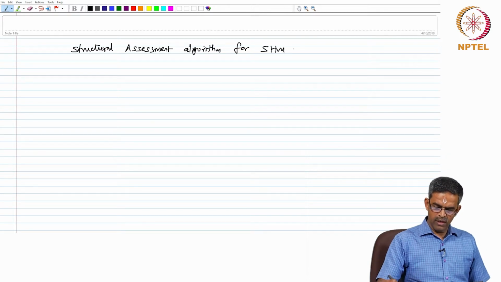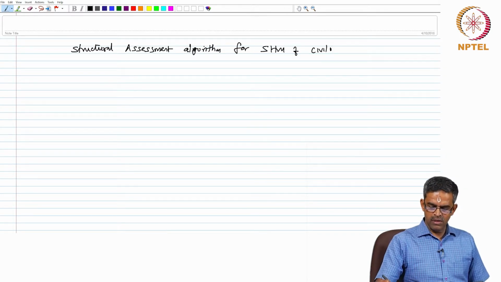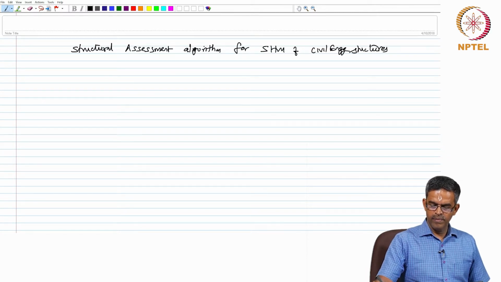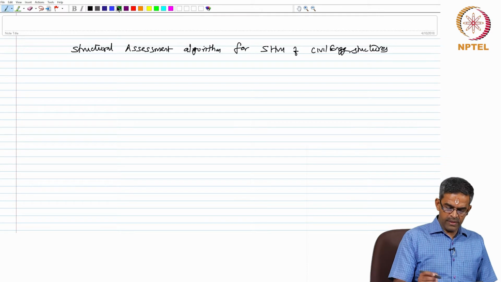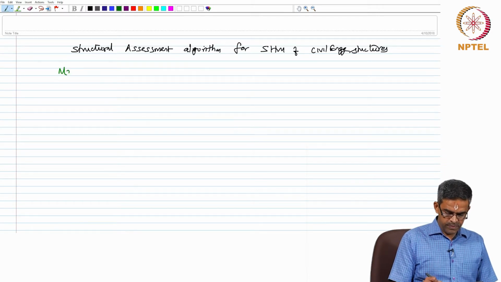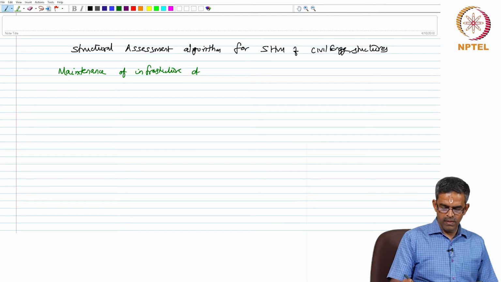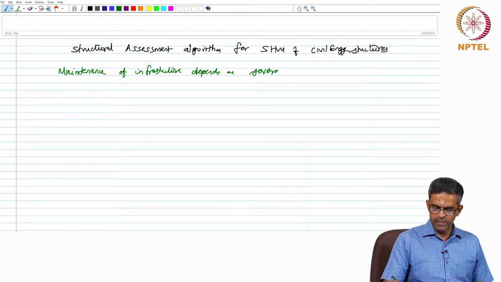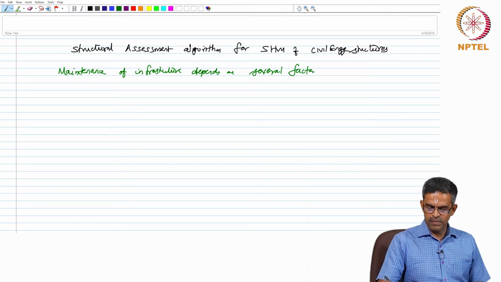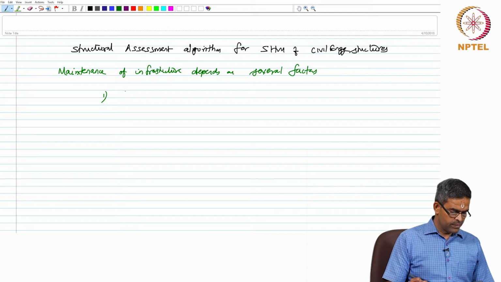Structural assessment algorithm. Structural health monitoring of civil engineering structures. We do agree on a major issue, that maintenance of infrastructure depends on several factors. One, the importance of the structure itself.